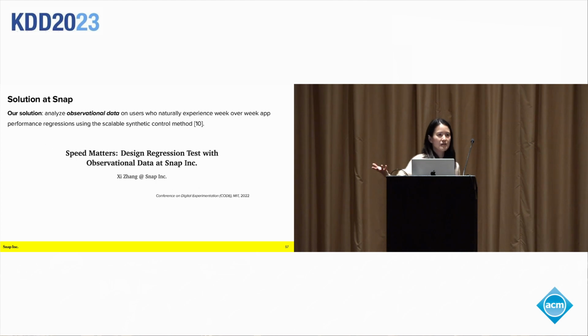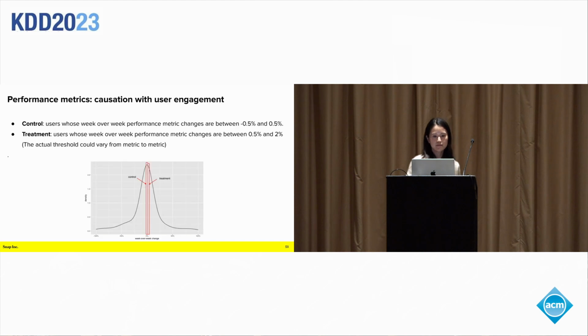Remember, in the first part, we talked about observational causal inference. The solution here is we utilize observational data on users who naturally experience week-over-week app performance regression, and utilize this data in our scalable synthetic control framework to estimate the causal impact of app performance on user engagement.